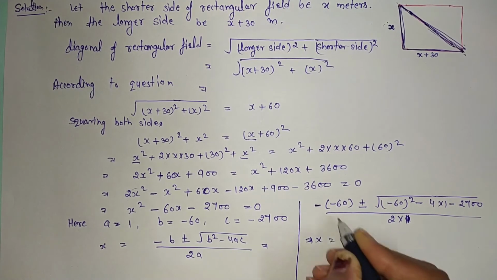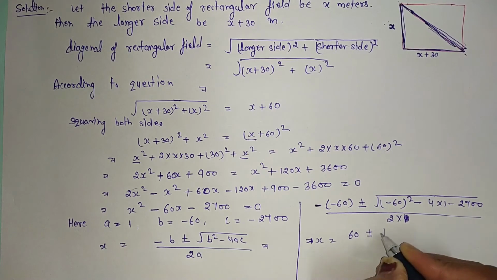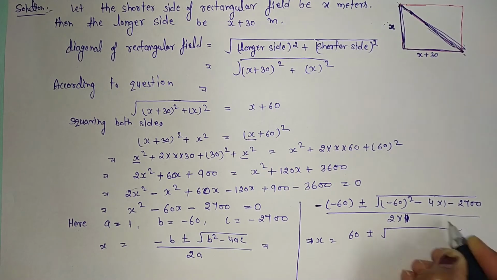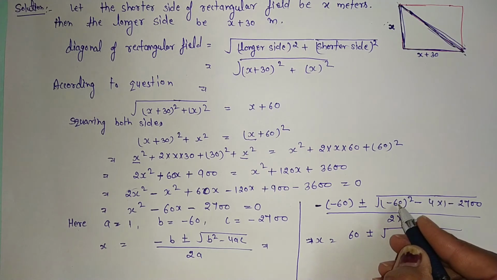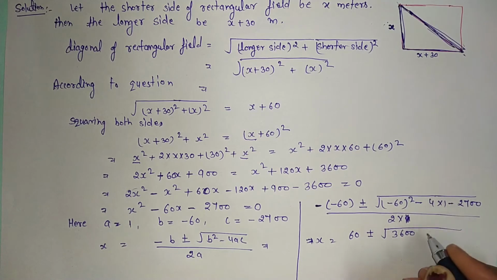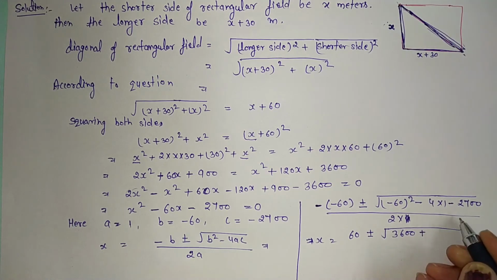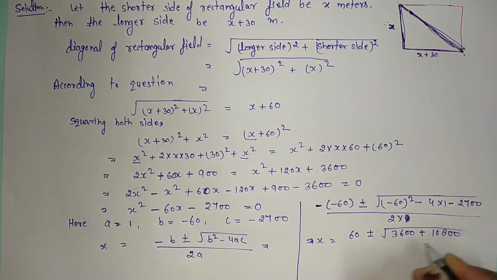Then x is equal to minus of minus 60, it becomes plus 60, plus minus square root of (minus 60) squared equal to 3600, and minus multiplied by minus becomes plus, and 4 multiplied by 2700 becomes 10,800, divided by 2.